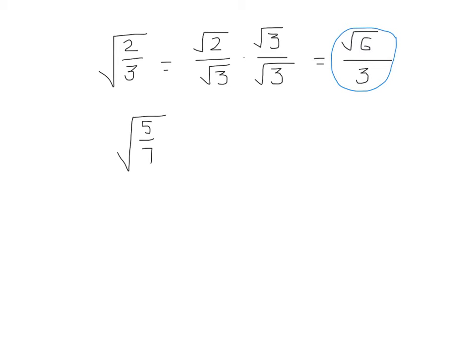So in example 3, we start with the very same scenario. We have the square root of a fraction, which is the same as the square root of the numerator over the square root of the denominator. Pause a moment and think about what we may need to multiply the top and the bottom of this fraction by to eliminate the radical in the denominator. And that would, of course, be the square root of what we have on the bottom.